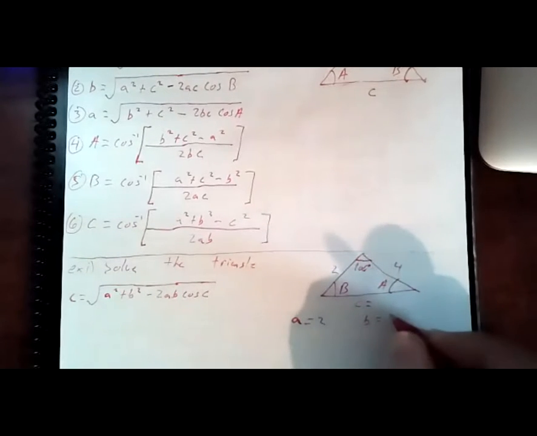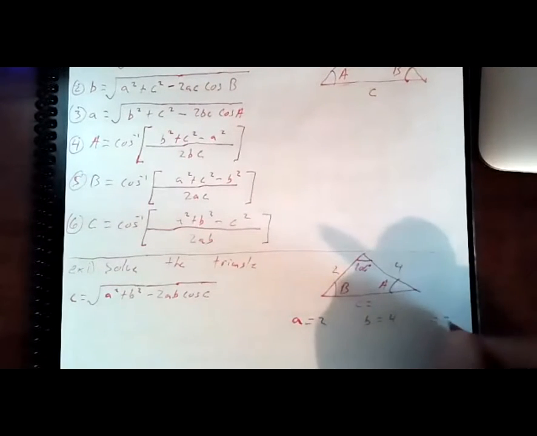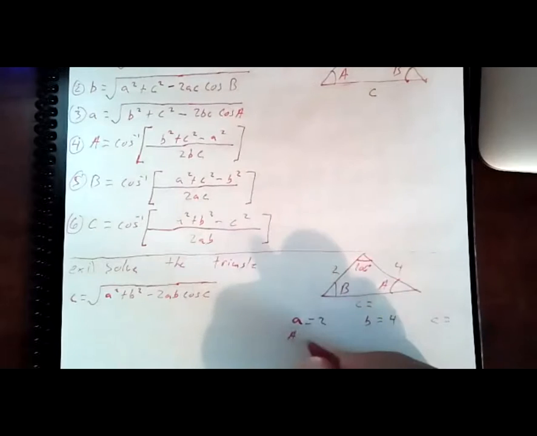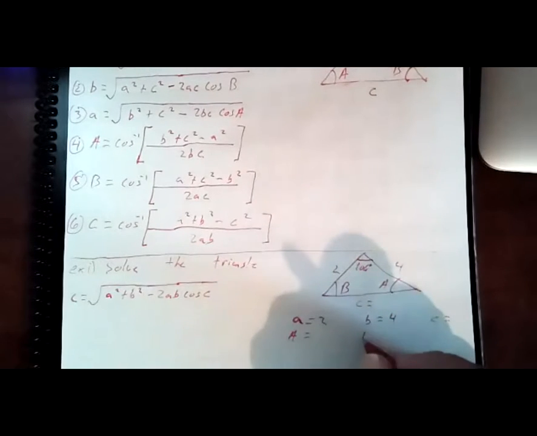I'm gonna write them out over here. It kind of helps to write it all down. B is 4, c is missing, angle is missing, angle is missing. This angle is right here. Okay, so plug it all in and we'll have one of the sides.